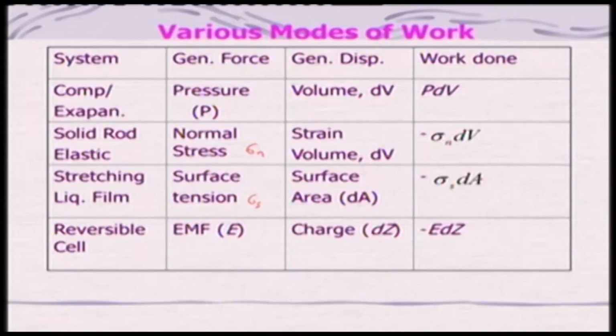Similarly, in the reversible cell, the EMF E is changed, and it makes the charge move either from the cell to the surroundings, or from the surroundings to the cell, and we call it E dz.